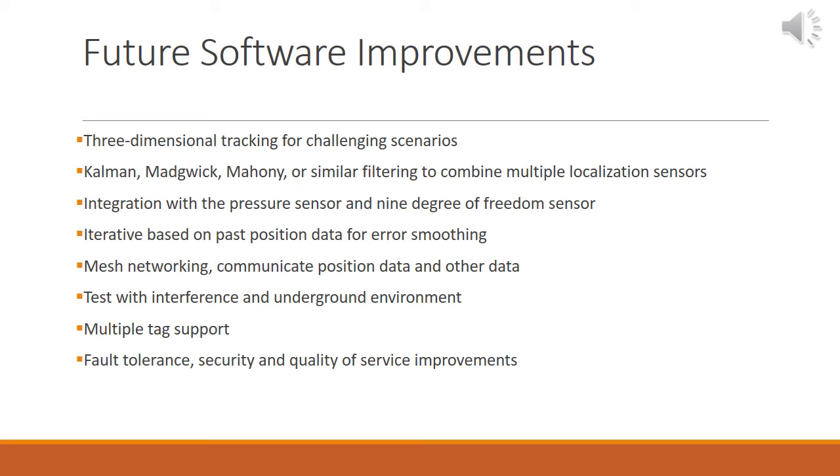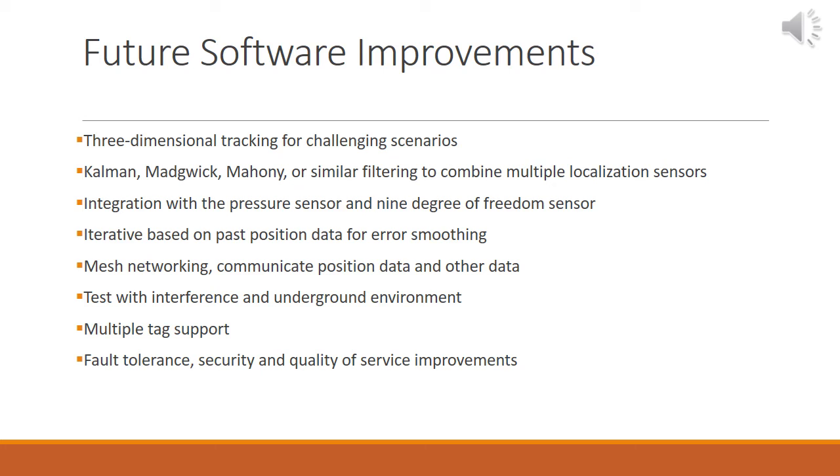And then you could use the Kalman, Madgwick, or Mahony filter, or some other kind of filter, to combine the localization information that I already have with some of the other sensors to smooth it out, correct for errors, etc.